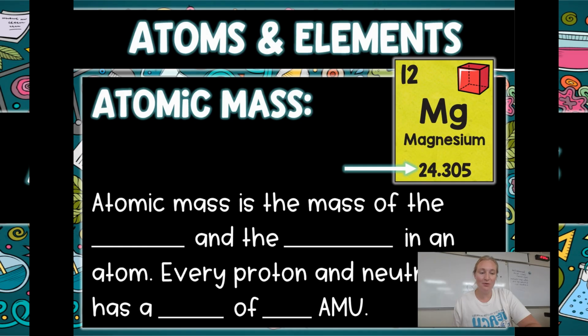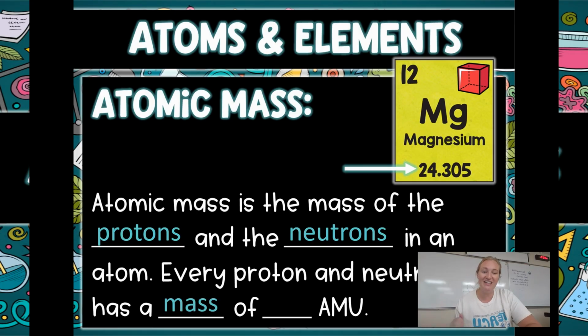Atomic mass is the one where we're going to be doing some math. And I know we love doing math. I'm going to ask you to do the really, really difficult math of subtraction in this class. Atomic mass is the number of protons and neutrons in the nucleus of an atom. Every proton and neutron has a mass of 1 AMU. So protons plus neutrons equals atomic mass. We already know the number of protons because that's the atomic number.